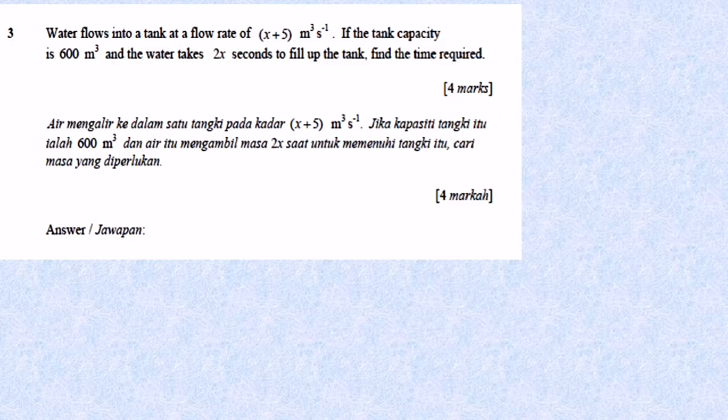Question number 3. Water flows into a tank at a flow rate of s plus 5 meter cube per second. If the tank capacity is 600 meter cube and the water takes 2s seconds to fill up the tank, find the time required. To answer this question, first you must know the formula of rate.